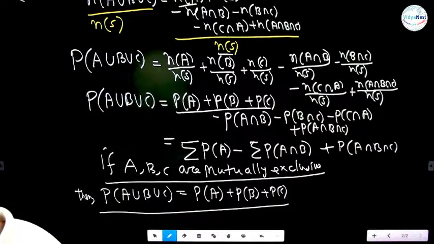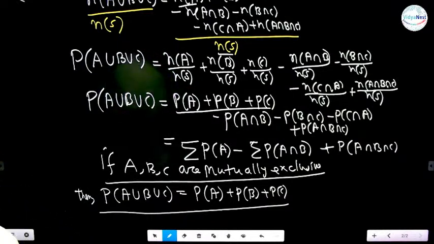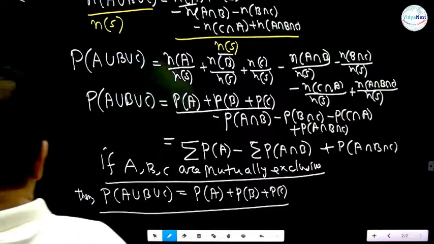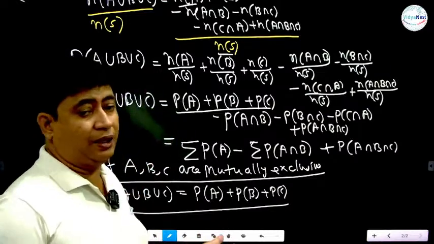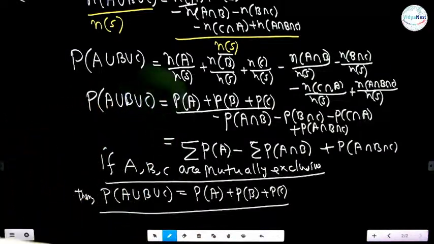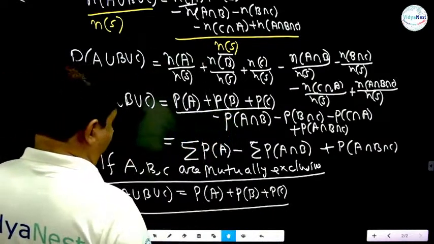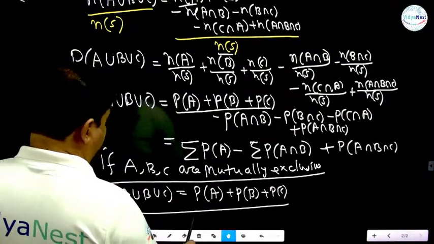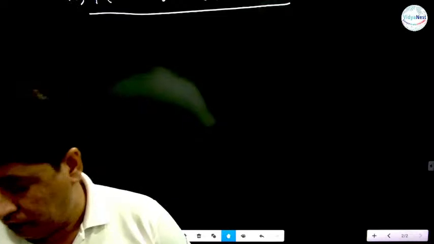Okay, sir. Now we'll do some sums based on this, with complement and involvement of 2 sets and 3 sets. Let us do one sum which can involve 2 sets. Just wait.